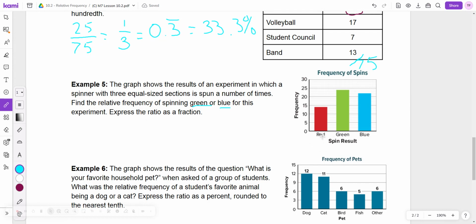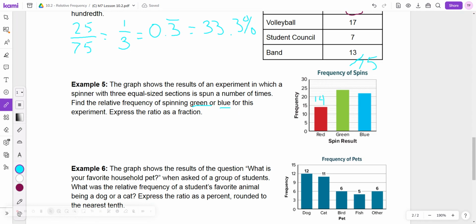This time I am going to look and see how high the bars go up to tell me how many times that particular color was spun. Looking at the red, the red goes past the 10 and 4 lines past the 10. So the height of the red is 14.